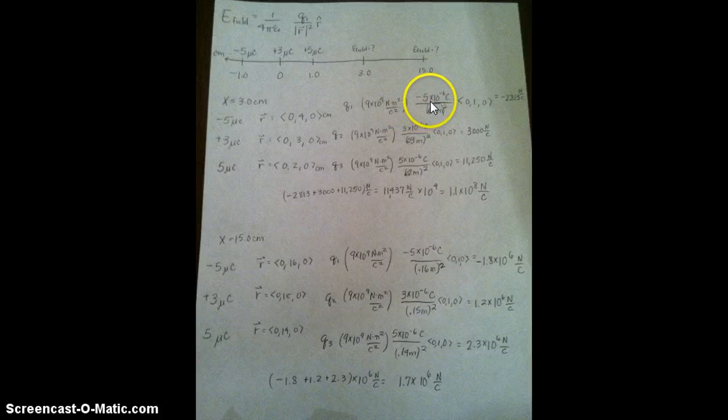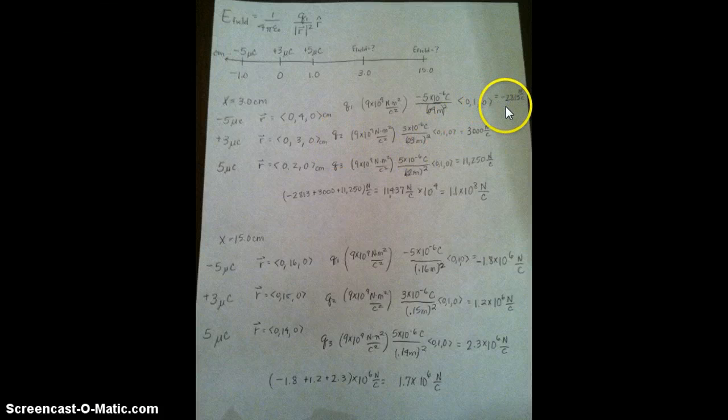Our charge for the particle is given, and that's -5 microcoulombs, so that's -5 times 10 to the -10 coulombs. And you have to find the magnitude of R, which is simply 0.04 meters squared, and you multiply it times R hat, which is 010. You do that for each of the charges, and you get your answers.